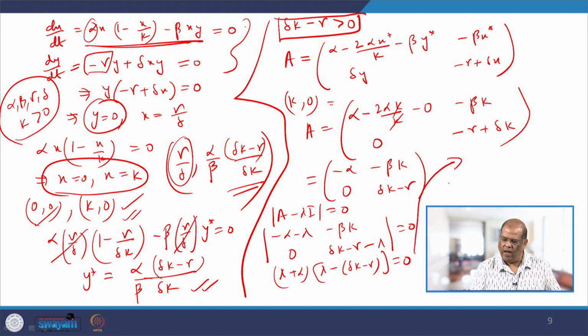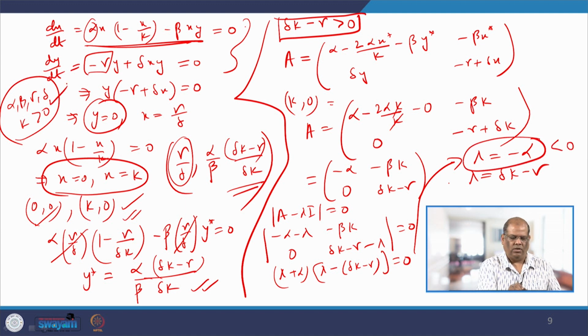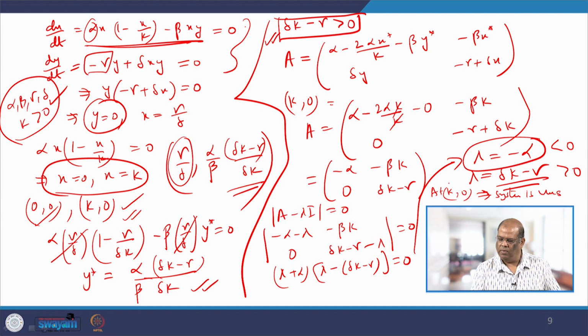So, one value is lambda equal to minus alpha, and another value is lambda equal to delta k minus gamma. The first is clearly negative because alpha is a positive constant, but the second, because of the existence of the positive equilibrium, is positive. So, one of the eigenvalues is negative and one is positive. So, at (k, 0) the system is unstable.